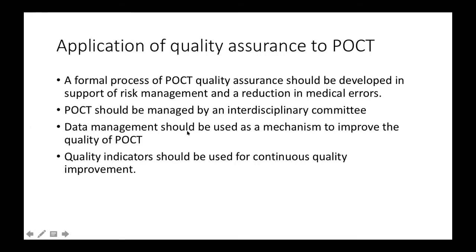So what is required? We shall have some system of quality assurance for point of care testing. A process of point of care testing should be developed in support of risk management and reduction in medical errors, because these things are not released by laboratory people.